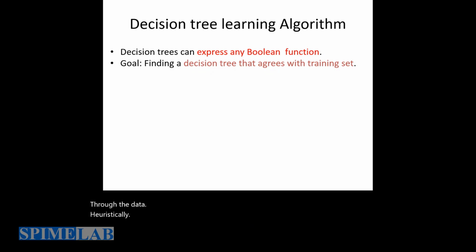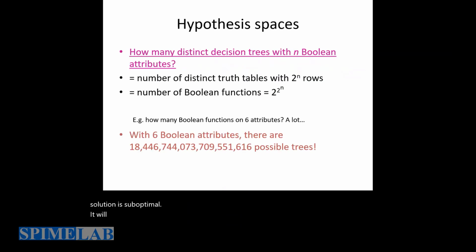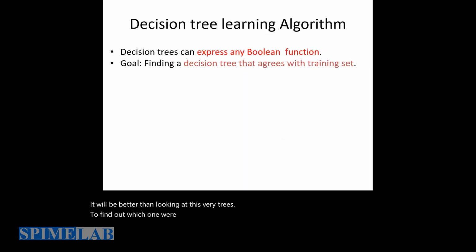So for sure, the full scale of the problem is humongous. And if some heuristic can help us out, even if the solution is suboptimal, it will be better than looking at this many trees to find out which one works best for only 6 attributes, and that too binary, right?